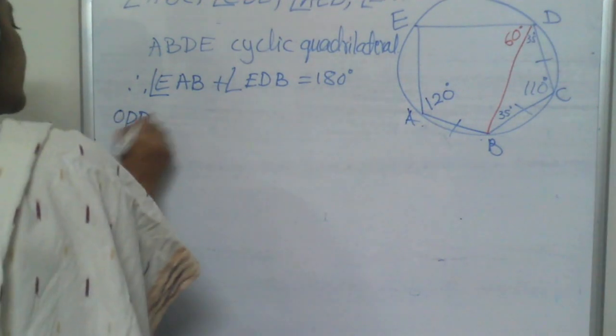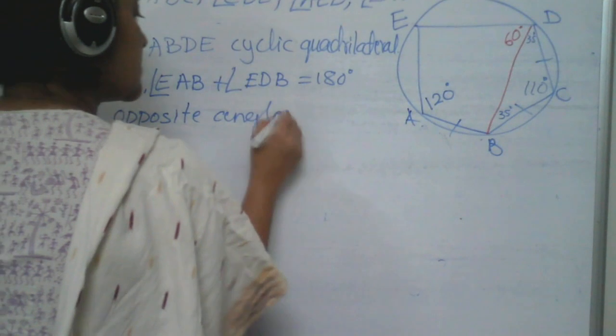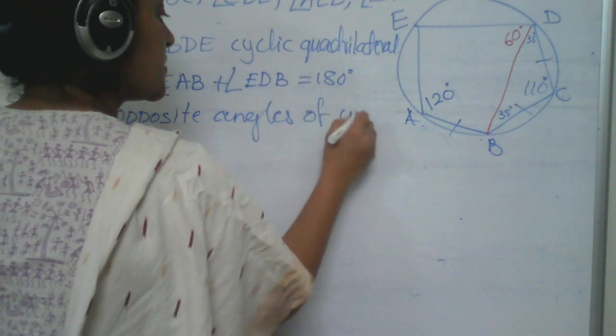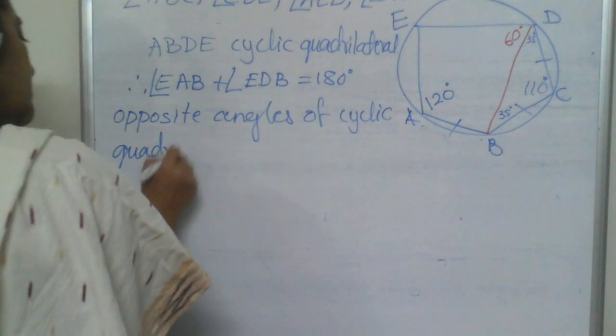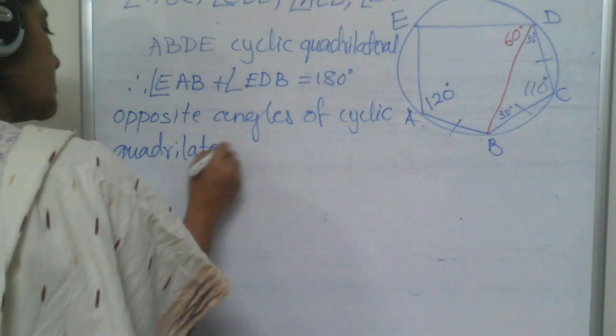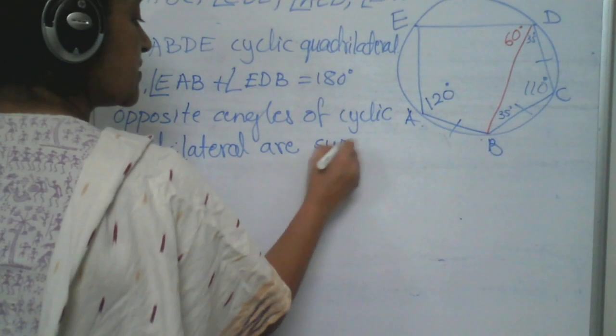Opposite angles of cyclic quadrilateral are supplementary.